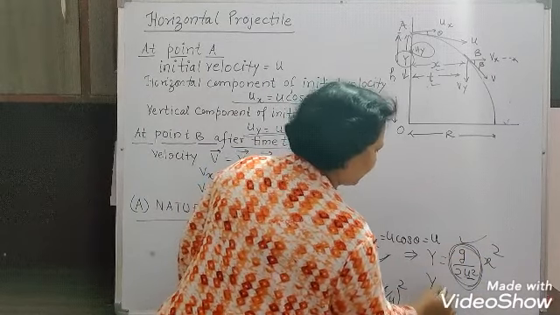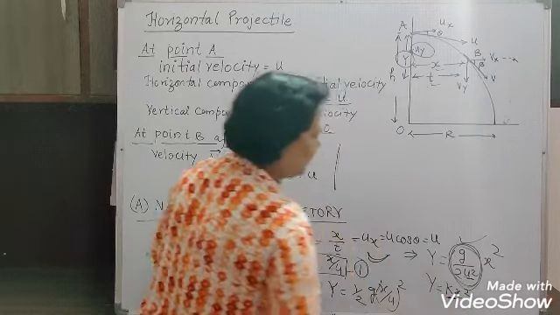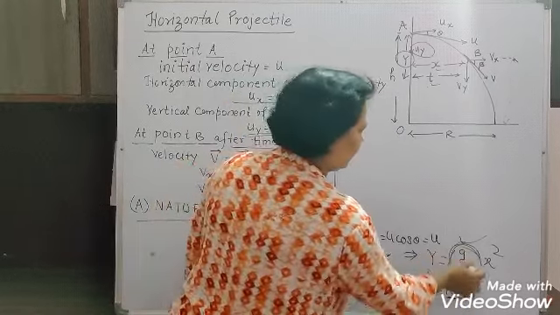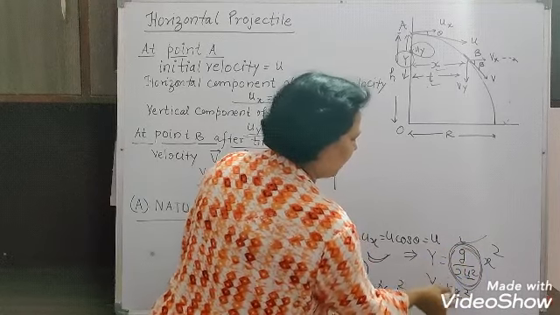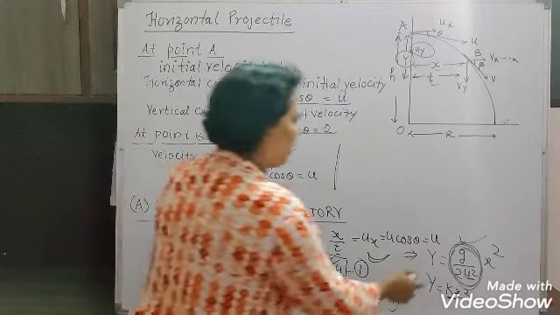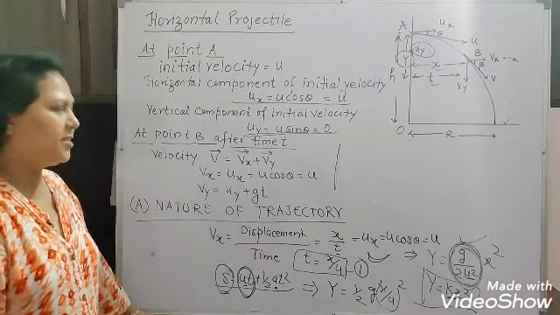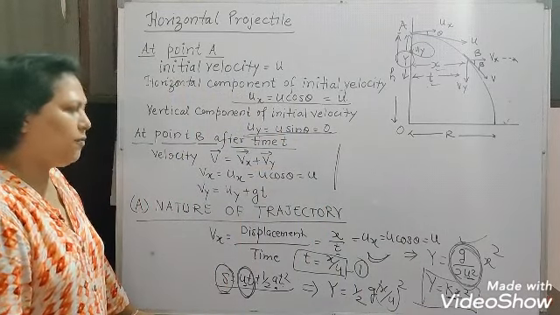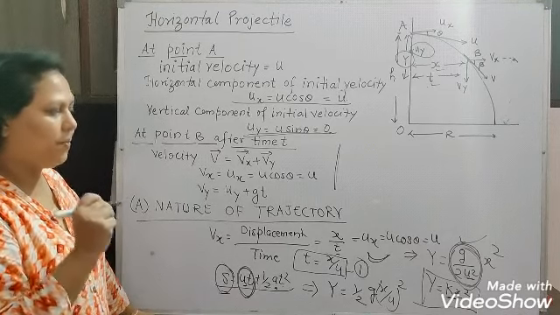If we replace this quantity with k, a constant, the formula becomes y equal to kx square, and it is the formula for the parabola.